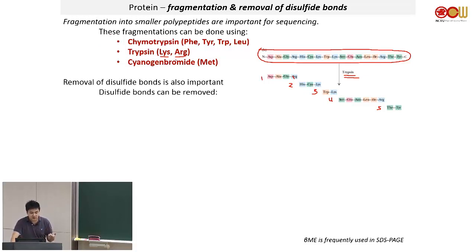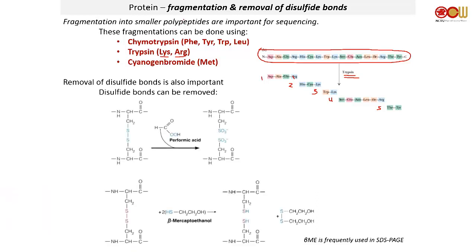Now, in order to do your sequencing, you also have to remove disulfide bonds, because disulfide bonds will link your proteins together. If you follow the last slide about Edman degradation, it will give you problems. So we have to remove disulfide bonds to separate them and let them become essentially a linear polypeptide, such that you can do Edman degradation one residue at a time.